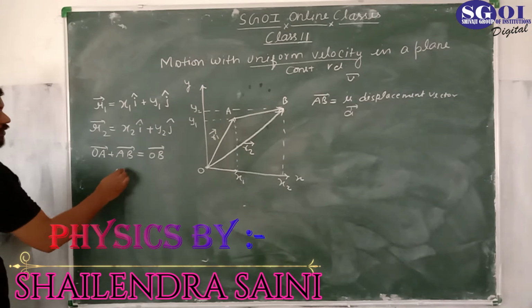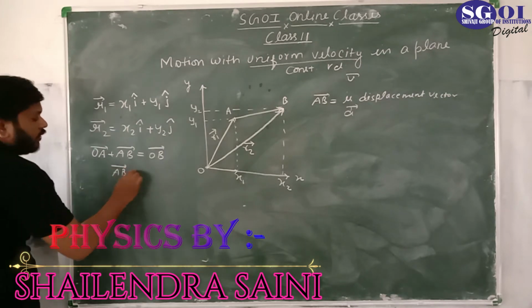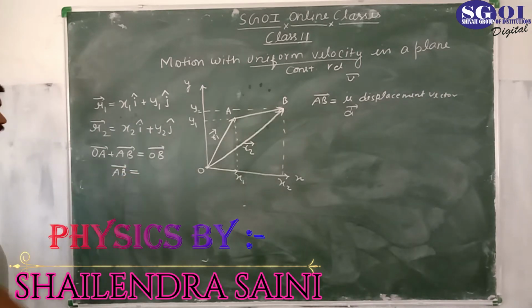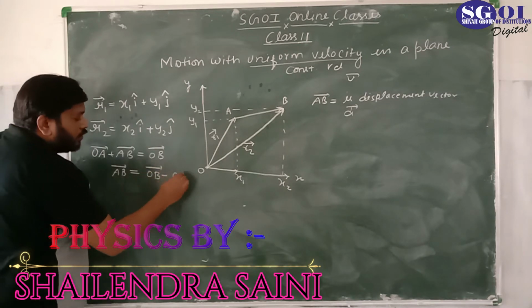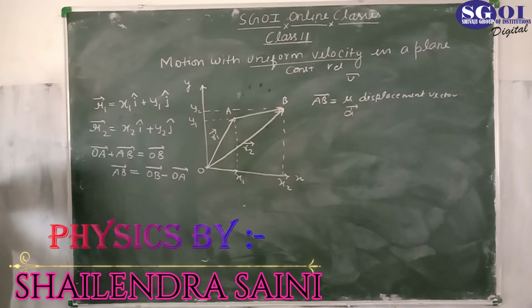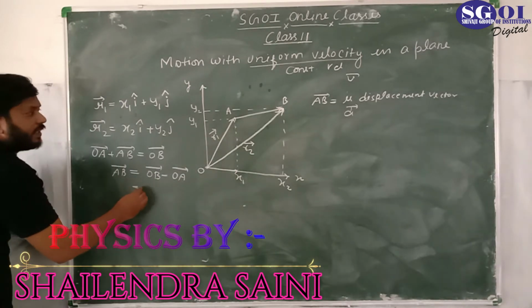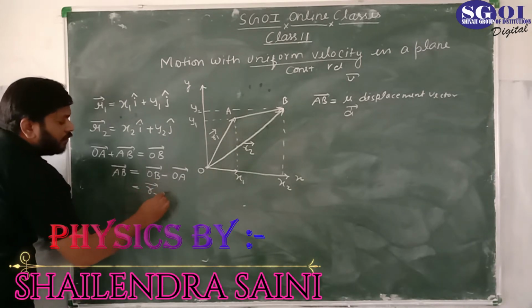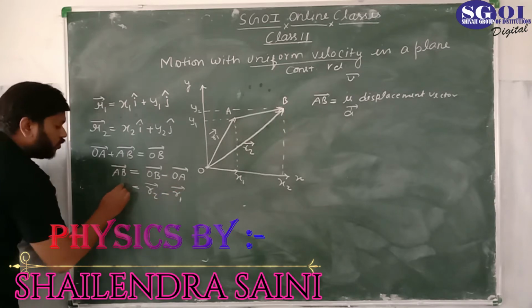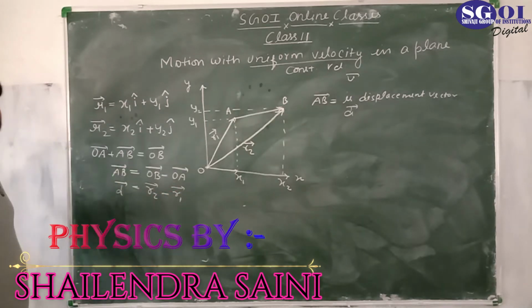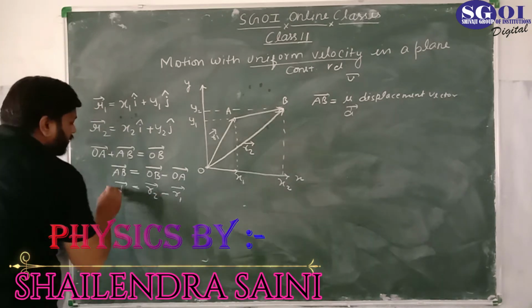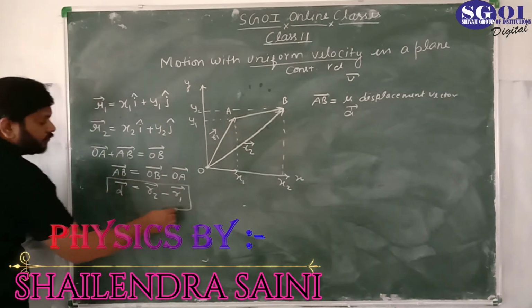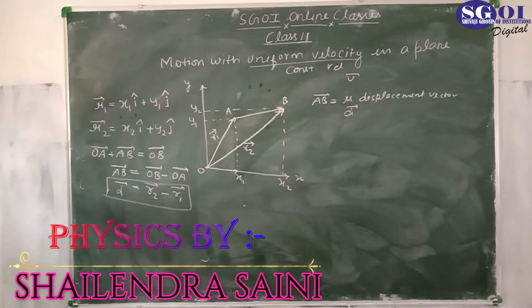So AB vector equals OB vector minus OA vector. What is OB vector? OB vector is R2 vector, and OA is R1 vector. So the displacement vector D equals R2 position vector minus R1. This is the displacement vector here.